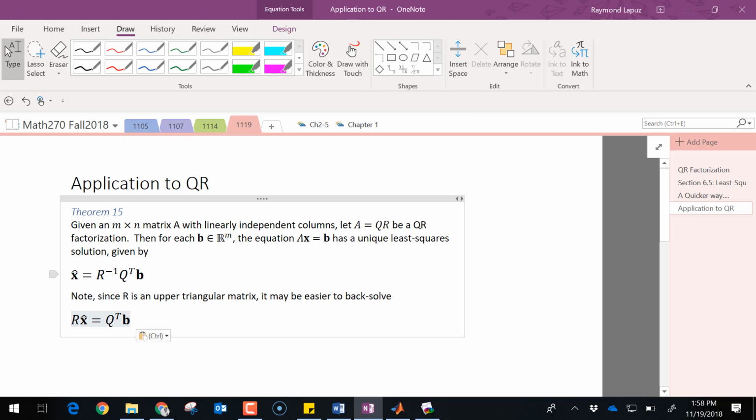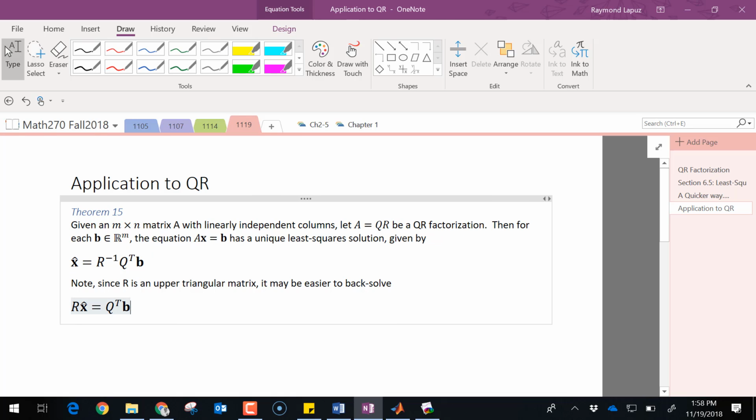The solution to your least squares problem is going to be the inverse of R times the transpose of Q times B. And instead of finding the inverse of R, you can just use R, because R is an upper triangular matrix. It's easy enough to do a back solving from this position. Okay, so that is section 6.5.